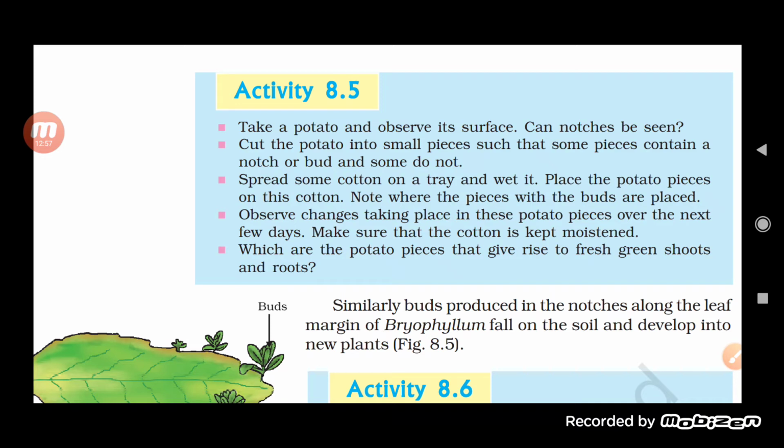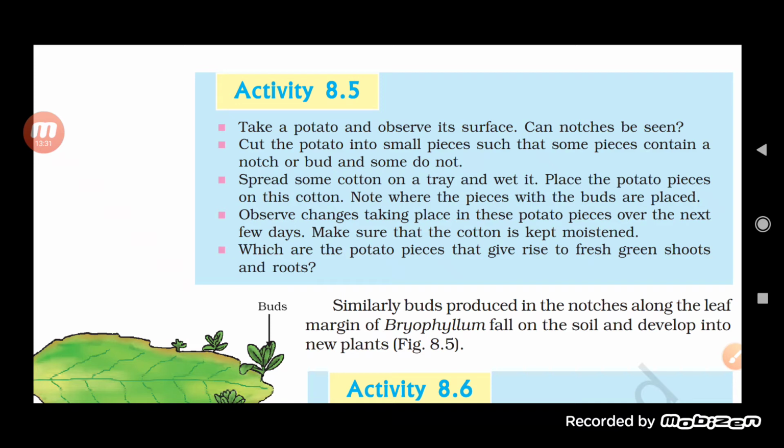Now spread some cotton on a tray and wet it. Place the potato pieces on this cotton. Note where the pieces with the bud are placed. Remember, we are going to spread cotton on a tray and wet the cotton. Now we will place the pieces of the potato on this cotton, and we must remember which pieces have a notch or bud in them.